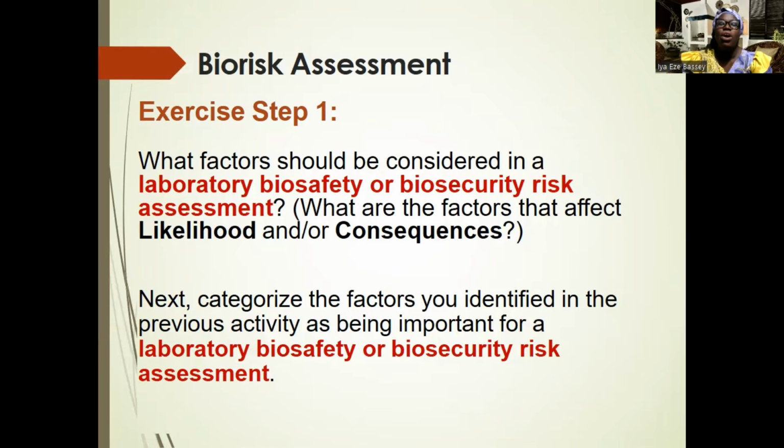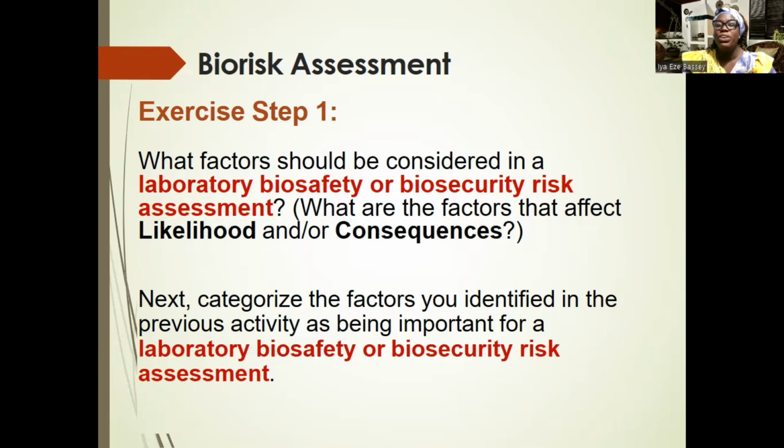We'll look at the question, what factors should be considered in a laboratory biosafety or biorisk assessment? What are the factors that affect your likelihood and or consequences? And then when you do that, characterize these factors that you have identified in step 1, as being important for a laboratory biosafety or a biosecurity risk. I hope you understand what we are asking you to do, that you should look at the factors that can affect your likelihood or consequences, when doing a laboratory biosafety or biorisk assessment.